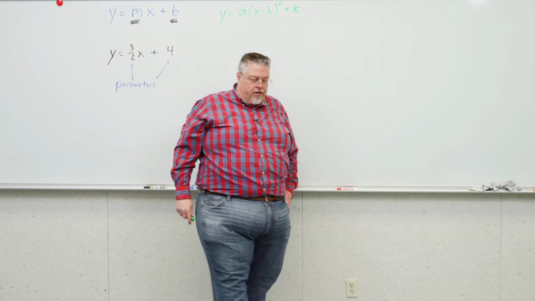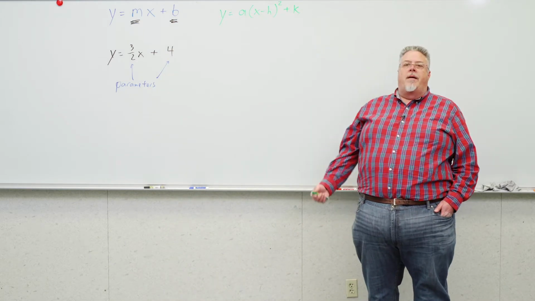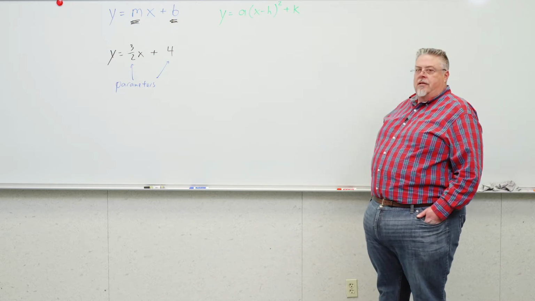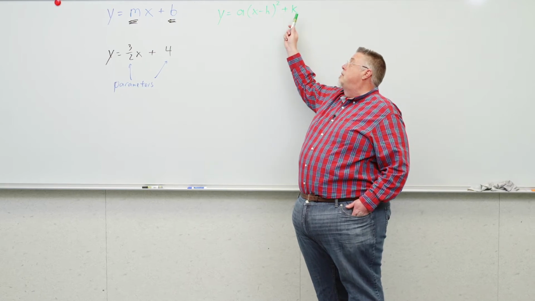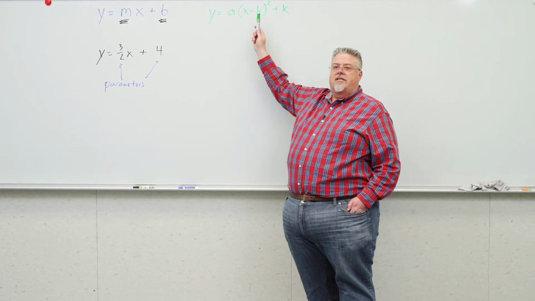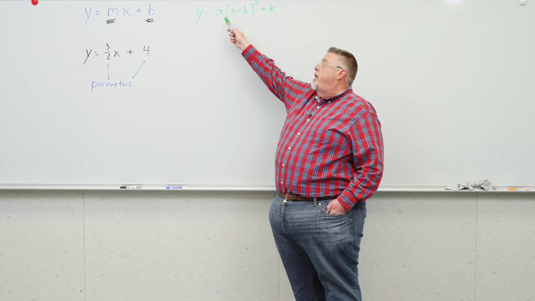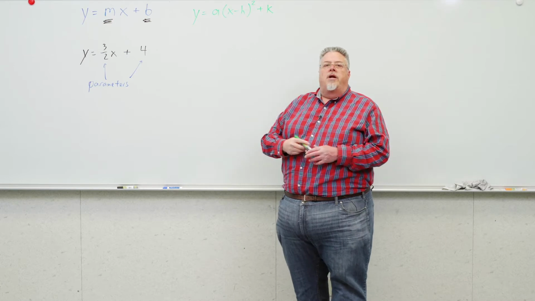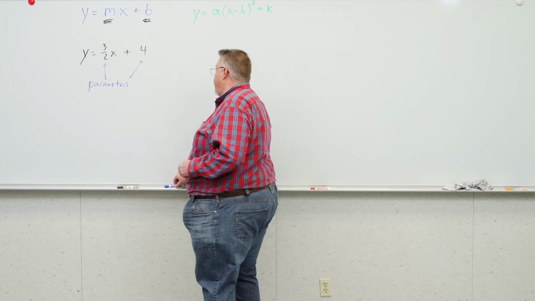Later on, you went to the probably less familiar and comfortable to you, but graphing parabolas. And when you graphed a parabola, there were 3 parameters in the equation. So besides the x and y, the input variable and the output variable, there were 3 parameters that gave you some important information about the parabola that you were about to graph.